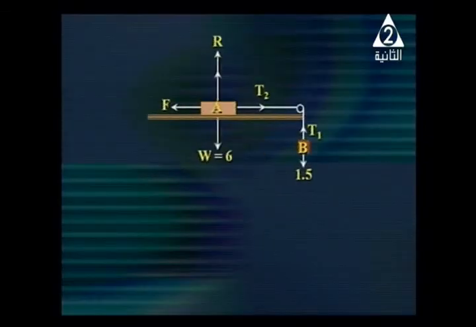Dear student, we have a body A. This body has weight 6 kg weight, and opposite it the reaction force. There is a pulley, and hanging from it by a string is body B, its weight 1.5 kg weight. Look at the two equations of equilibrium.